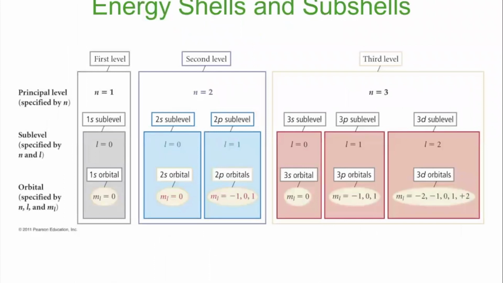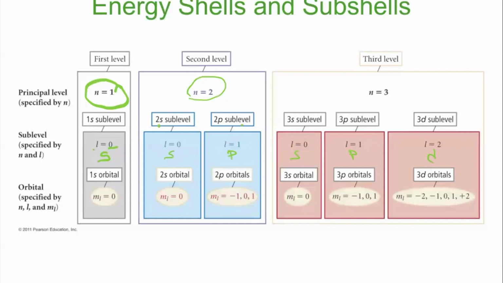In n equals 1, you can only have S. In n equals 2, you can have 2 sublevels, the S and the P. In n equals 3, you can have 3 sublevels, the S, the P, and the D. And these are going to be your m sub l.